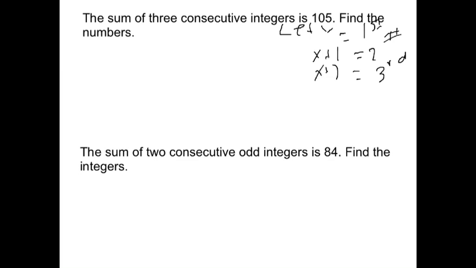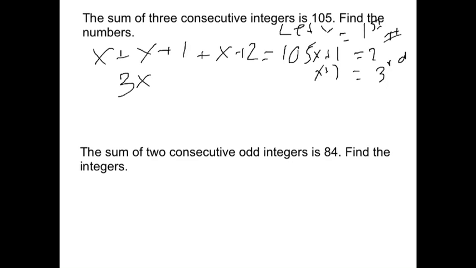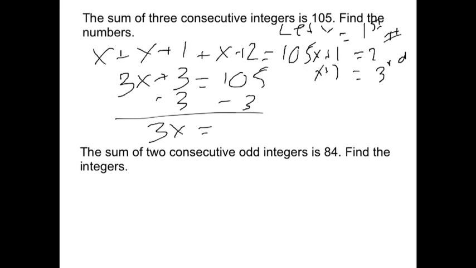So if you have the sum of these three numbers, you're going to have your first number plus your second number plus your third number equal to 105. So then 3x plus 3 is going to equal 105. I'm going to do a little subtraction, and then I'm going to divide, and I get my first integer to be 34, which means my second integer is 35.